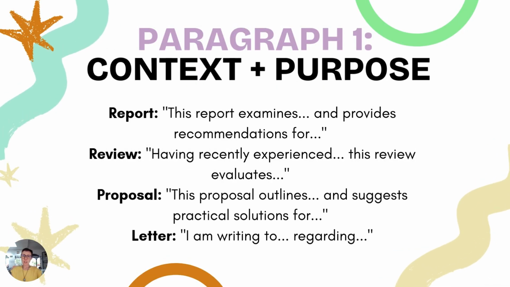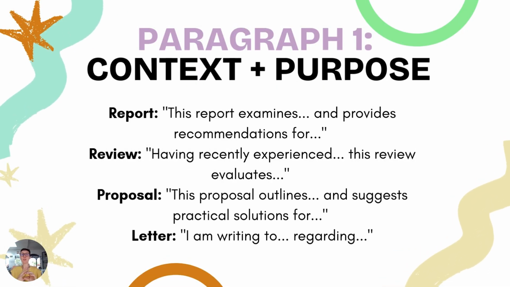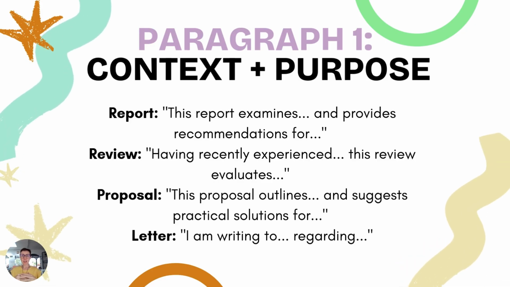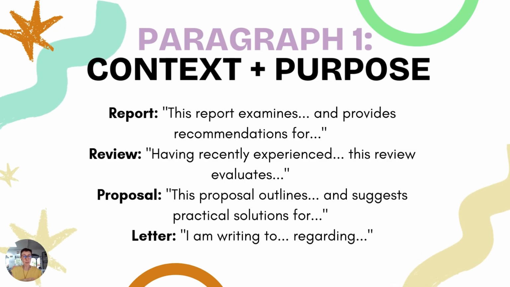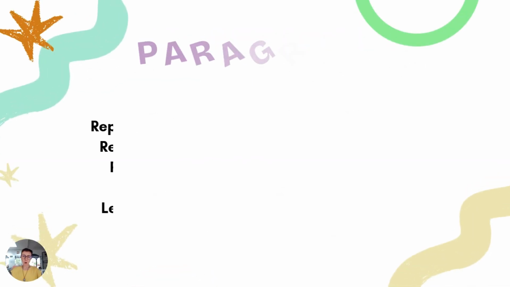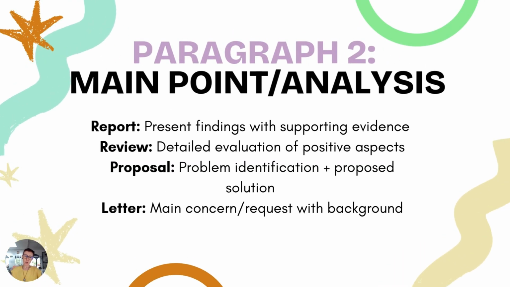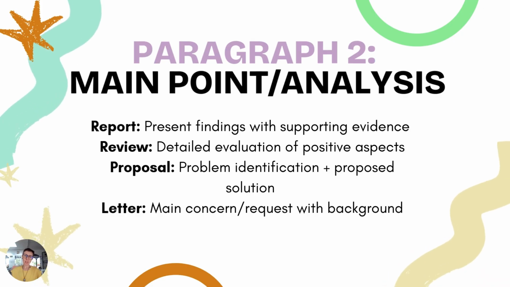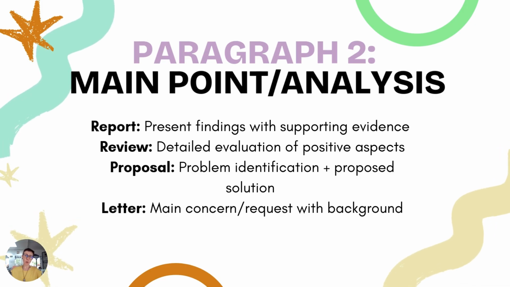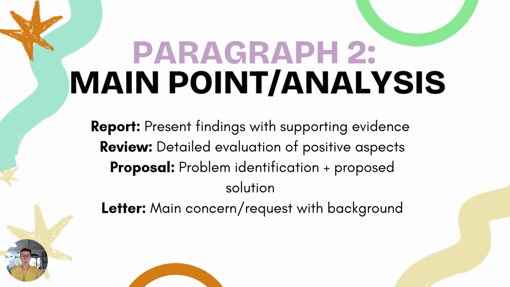So every C1 task 2 follows the same logical flow. The only thing that changes is the language based on your audience and based on your purpose. Paragraph 2. In this paragraph, you would be presenting your main point or your main analysis. So for a report, that could be presenting your findings with supporting evidence.